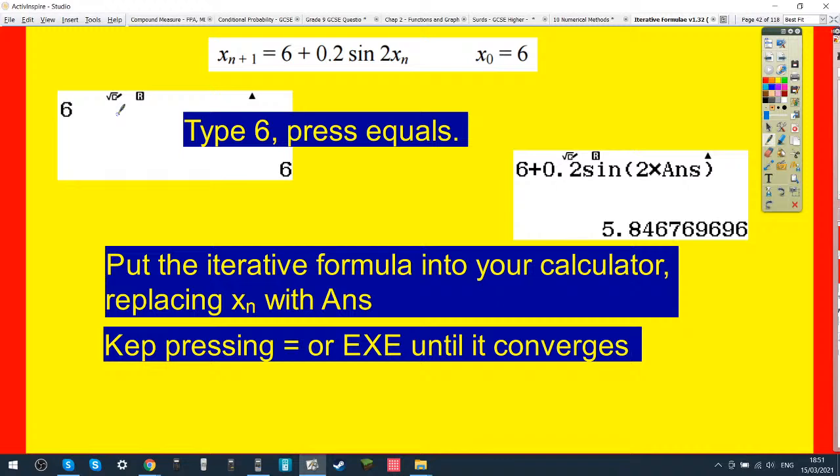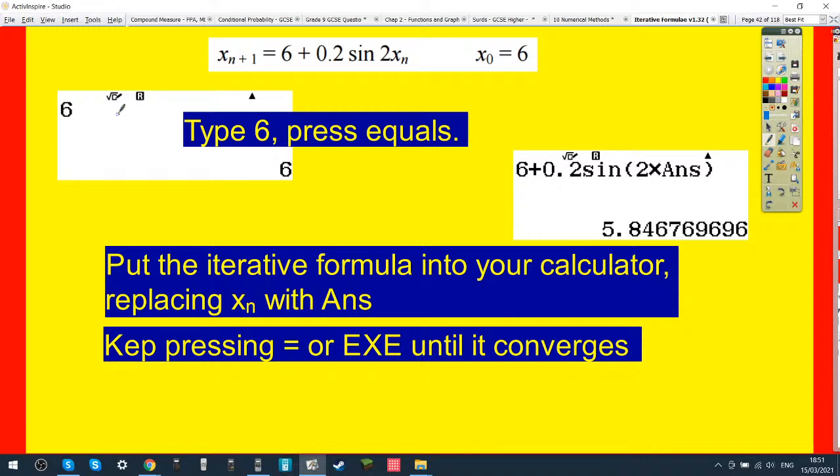So you have to save it as 6 first. Oh, because I'm in radians, is that why?